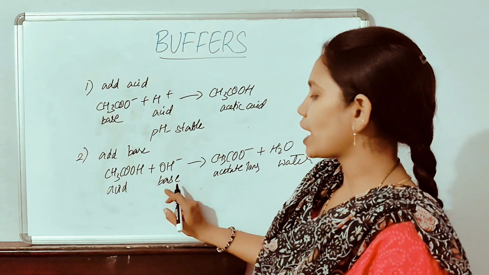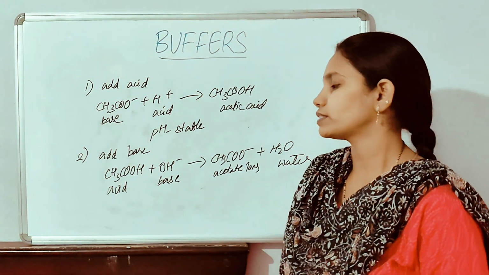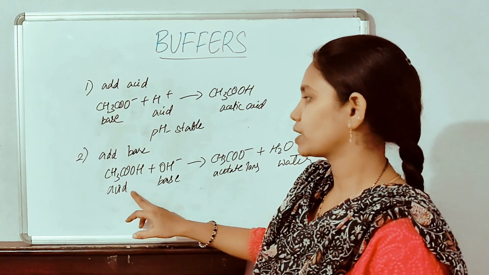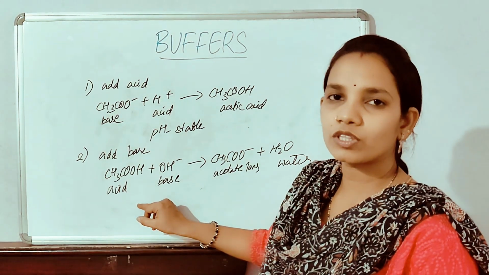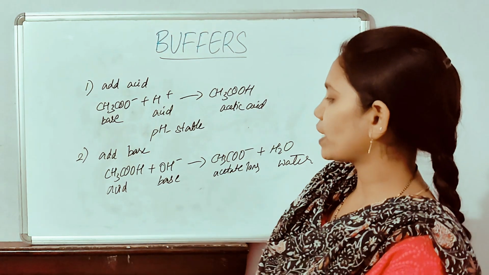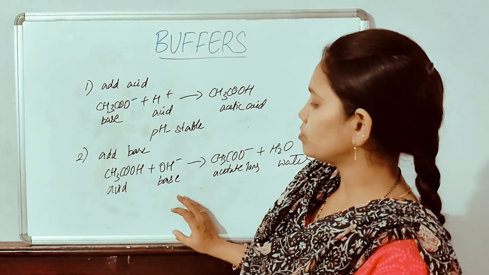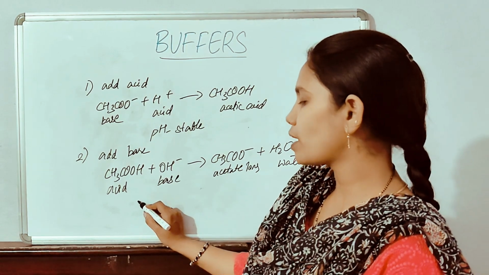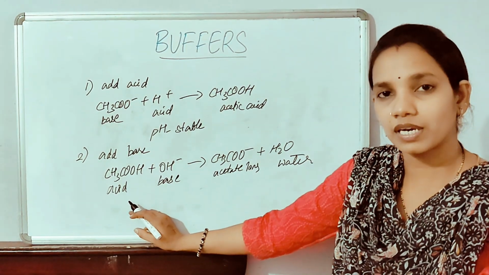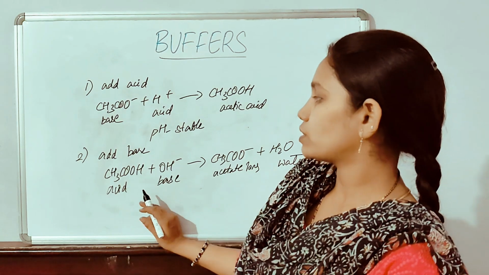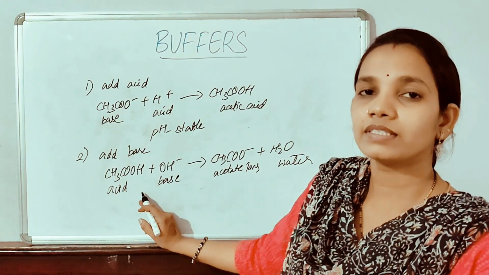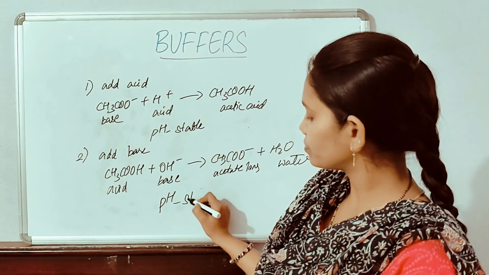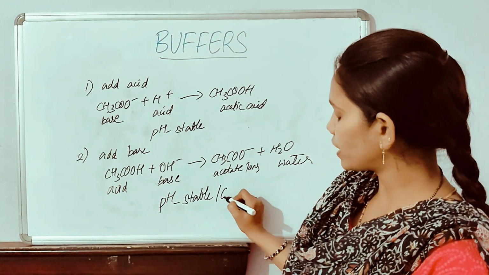So here hydroxide ion, OH minus ion, is neutralized by the acid, keeping the pH stable without rising much. So finally, by seeing both, we have come to the conclusion that buffers can neutralize both acids and bases and keep the pH stable or constant.